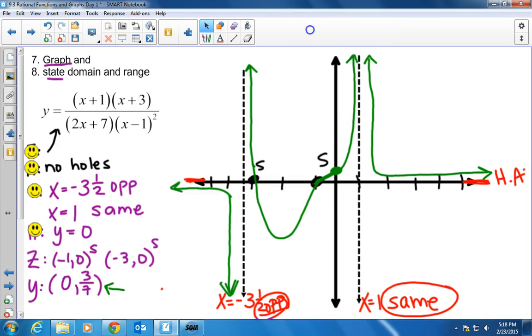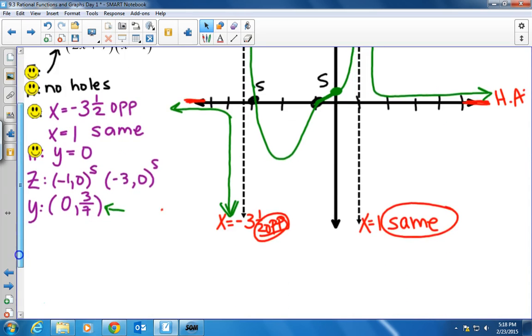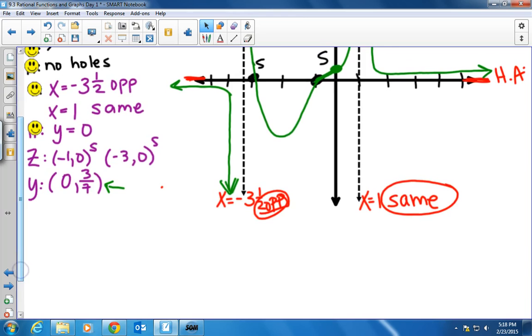We've got one more thing left to do, and what we have left to do is talk about domain and range. So let's go ahead and talk about domain and range. Your domain is always going to have boundaries if you have vertical asymptotes or if you have holes. So let's go ahead and talk about domain.